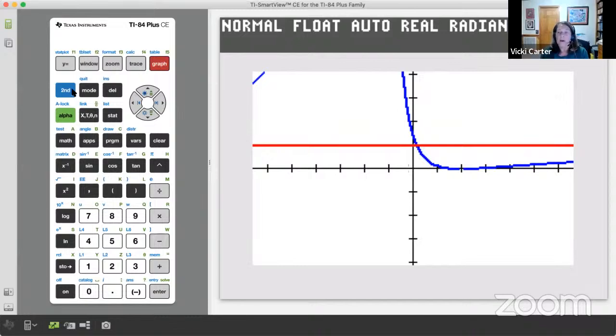The question came up, someone had a graph that crossed the horizontal asymptote, and they were kind of like, wait, can that happen? Well, yeah, we're seeing a fantastic example of it here.